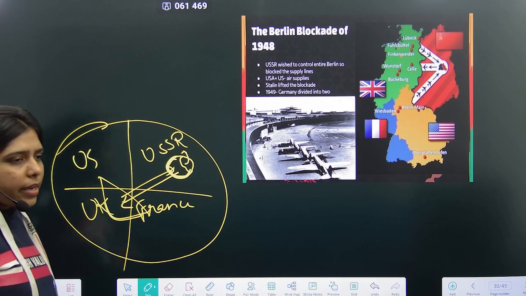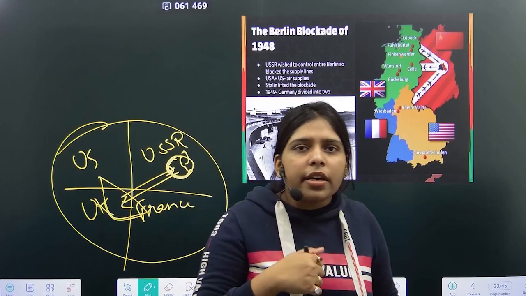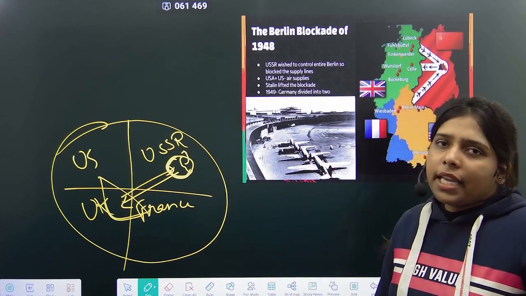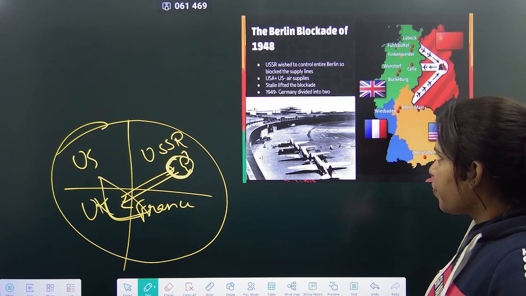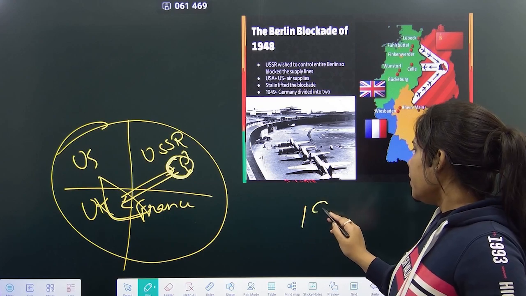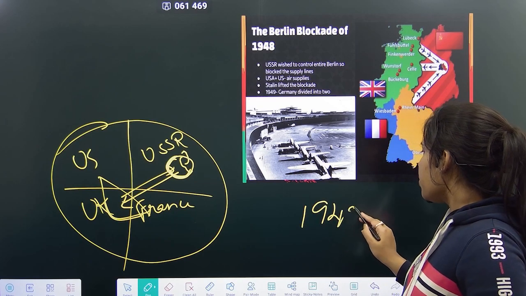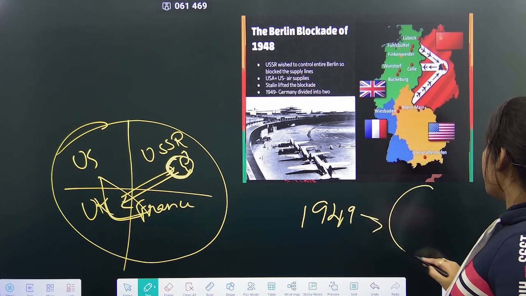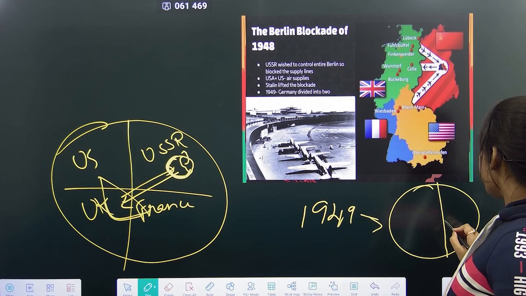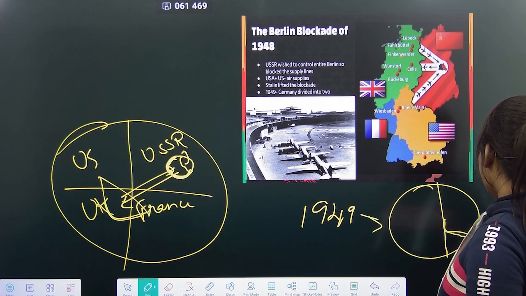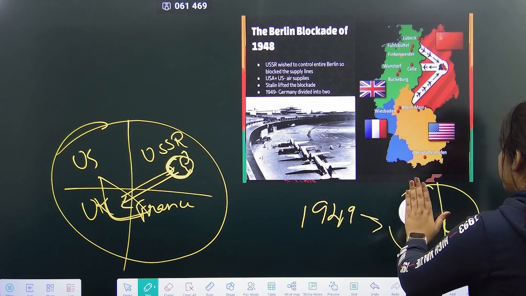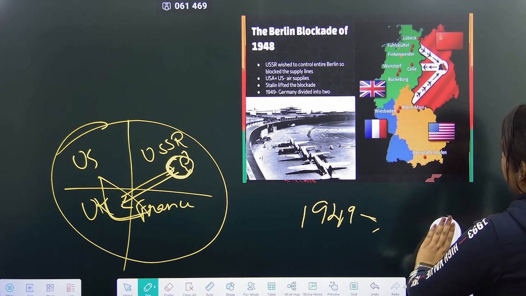Now when Stalin saw that his Berlin blockade is not resulting in any destruction or any loss for these people, he had to lift the blockade. And in 1949, Germany was divided into 2 parts: East and West. See, Germany is not circular.